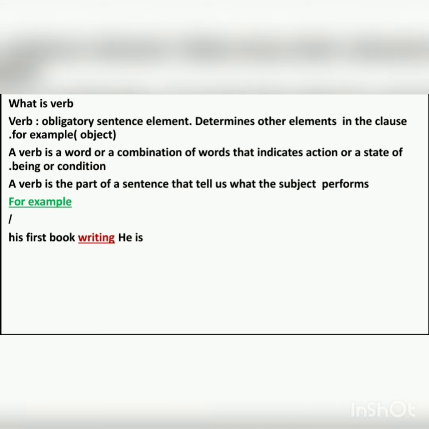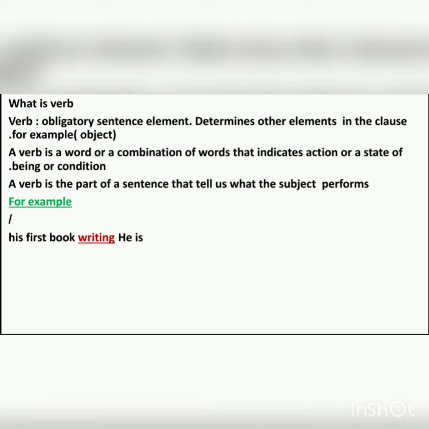If the object is a direct object or an indirect object, or if the sentence has a subject complement or object complement. So from the verb we know all this information.